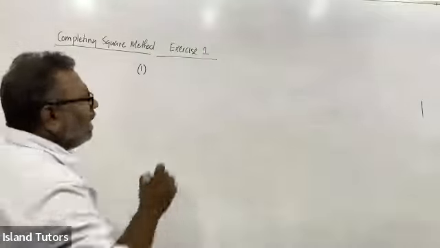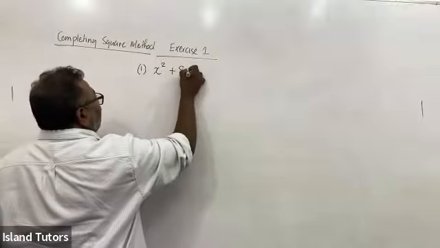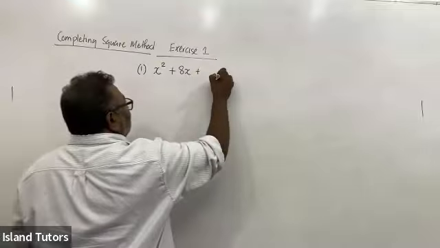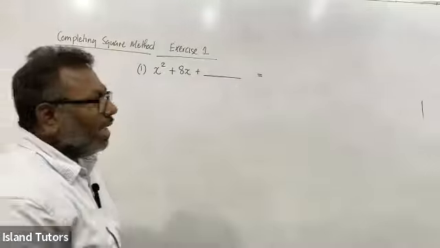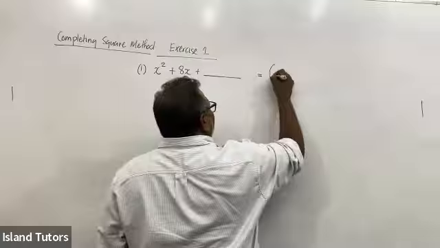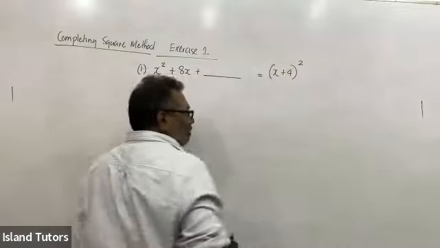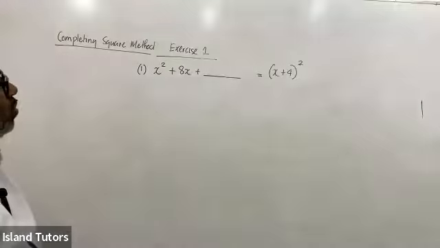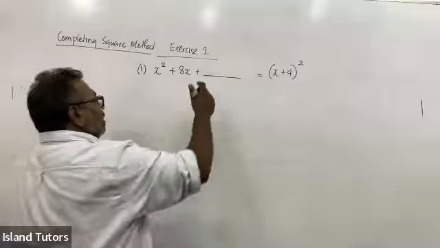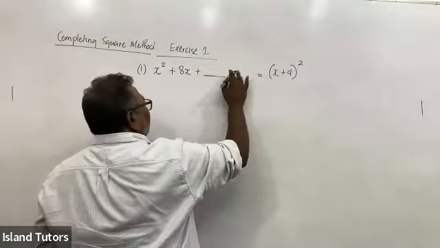That is x squared plus 8x plus blank is equal to (x plus 4) squared. So I need to fill in this blank. How do I do that?